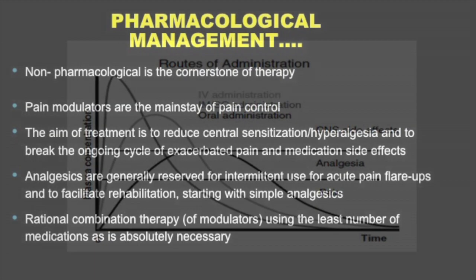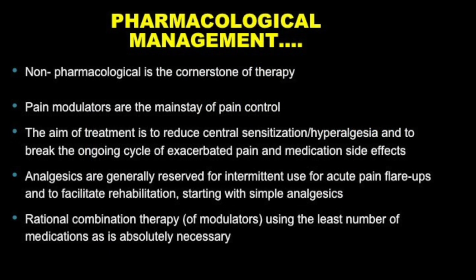So when we go to management, the non-pharmacological management is really the cornerstone for patients who have complex pain. Remember, we say things like cognitive behavior therapy, moving out of the cycle of dependency on oral analgesic medication. That should ideally be the cornerstone of management.